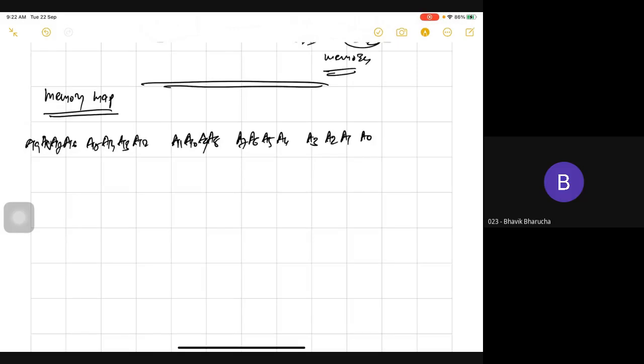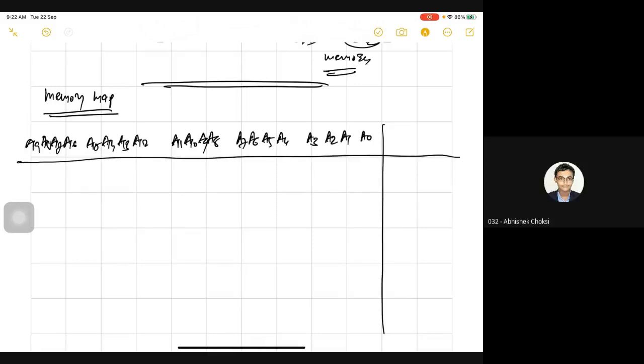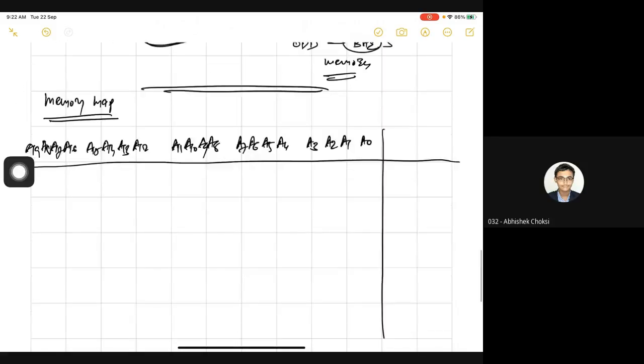These many address lines are available. We have a 20-bit address bus, so we need to draw all 20 bits. Now, always start memory mapping with your RAM. So my first RAM always starts with which location?